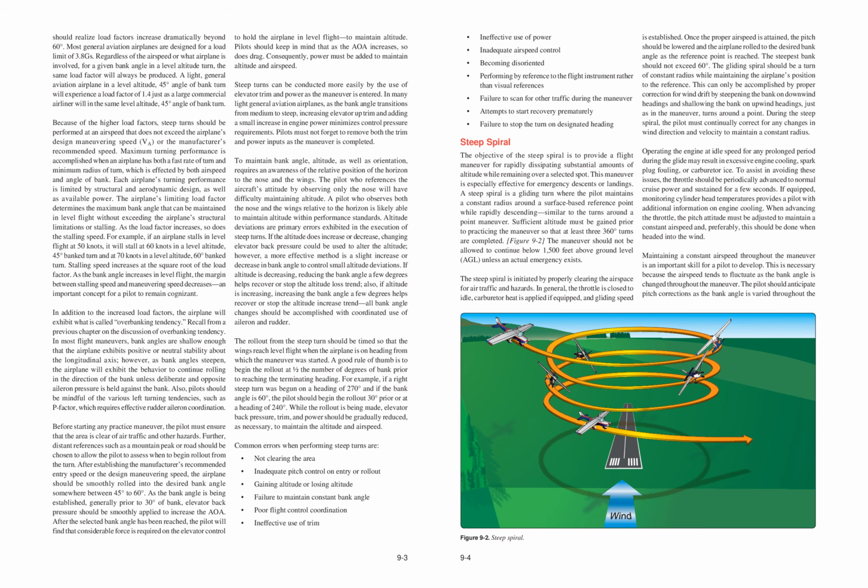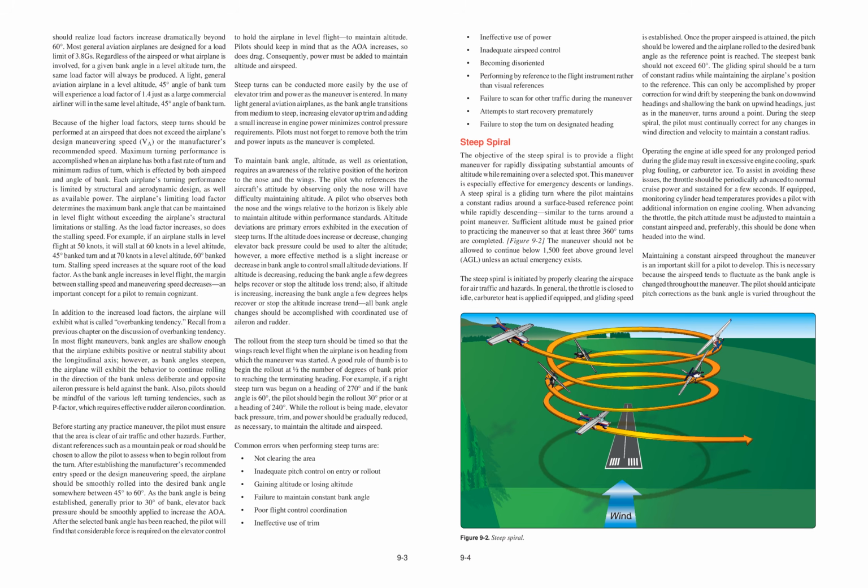Sufficient altitude must be gained prior to practicing the maneuver so that at least three 360-degree turns are completed. The maneuver should not be allowed to continue below 1,500 feet above ground level, AGL, unless an actual emergency exists. The steep spiral is initiated by properly clearing the airspace for air traffic and hazards.